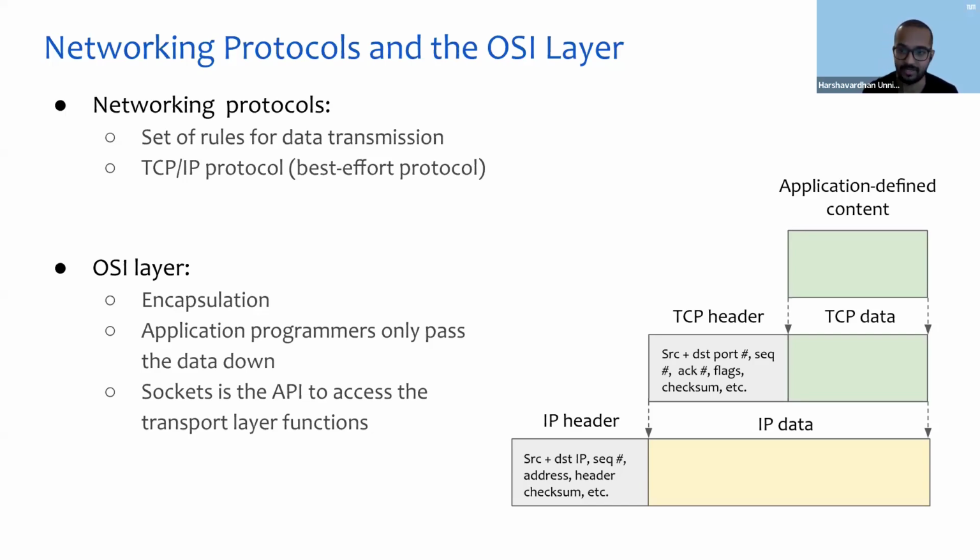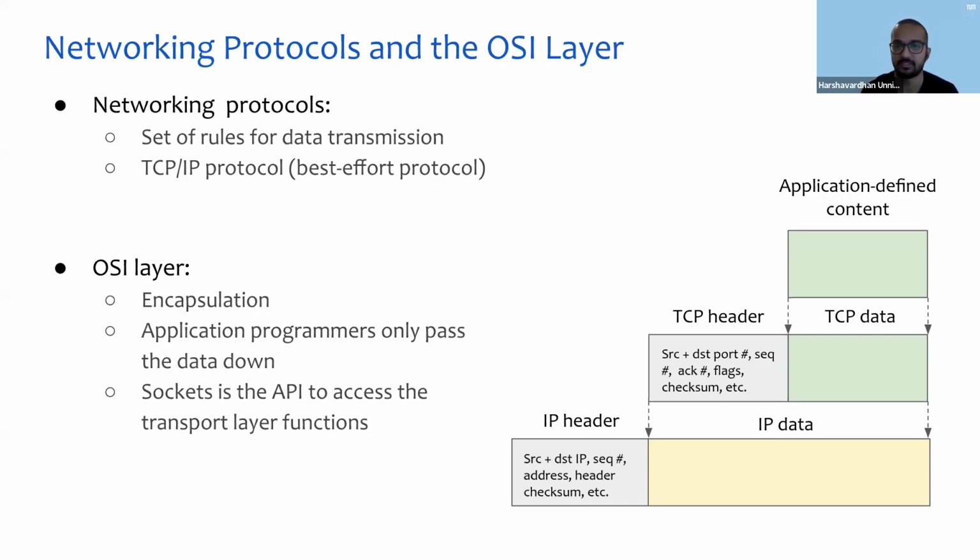This technique is called encapsulation and offers transparency because each layer shields higher layers from the operation and complexity of lower layers. With encapsulation, an application does not need to know the internal details about the protocol, for example, how TCP implements reliability. Applications need to only pass the data down, and sockets are the mechanism to do so.